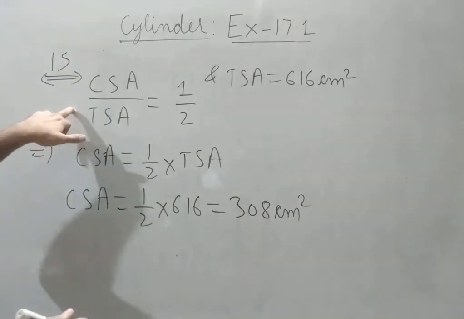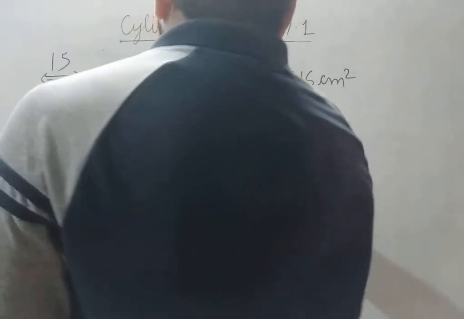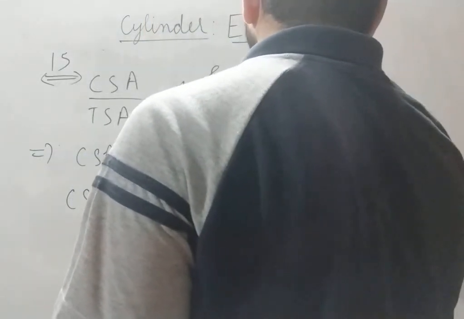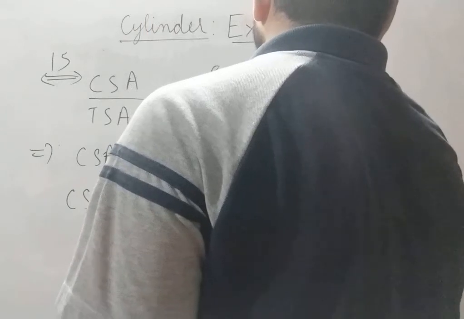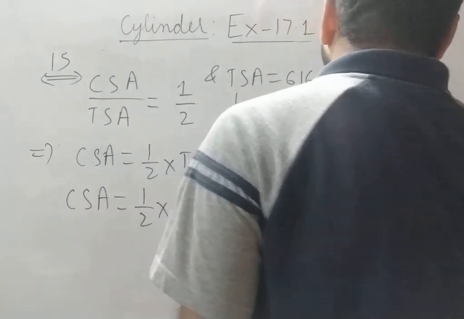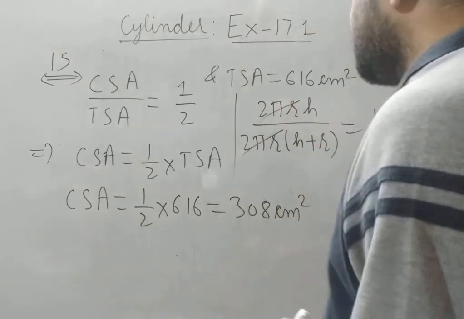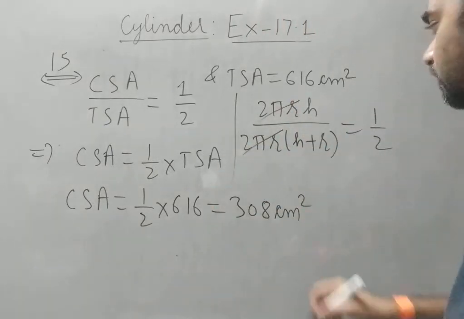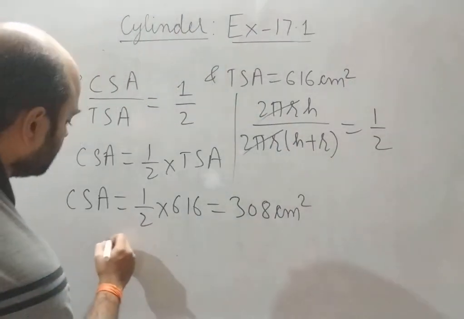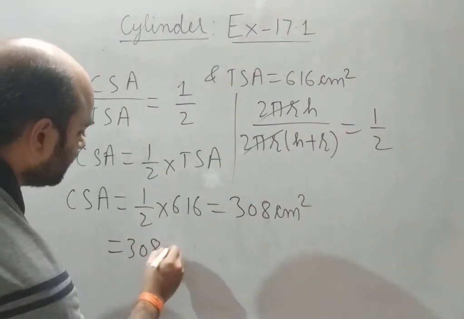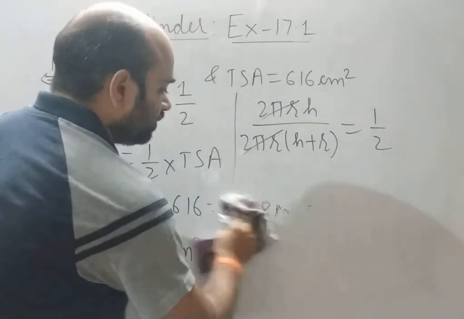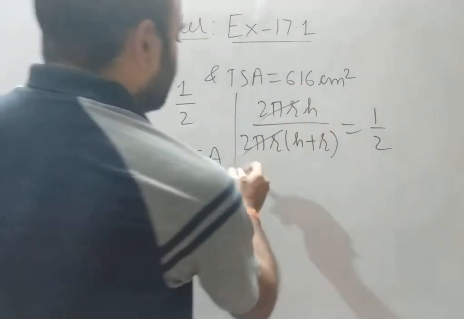Again, we are going to use the same ratio. What is given? Curved surface area 2 pi r h upon total surface area 2 pi r (h plus r) is equal to 1 by 2. 2 pi r cancelled. Correct? What is left?